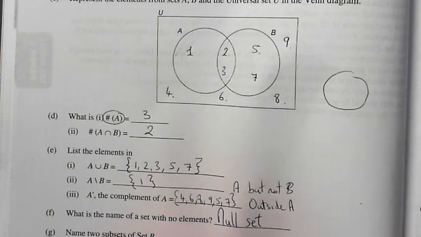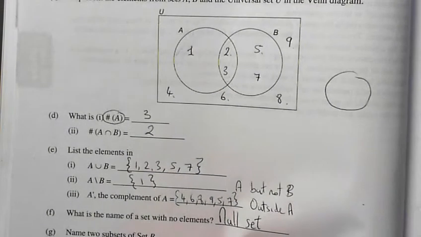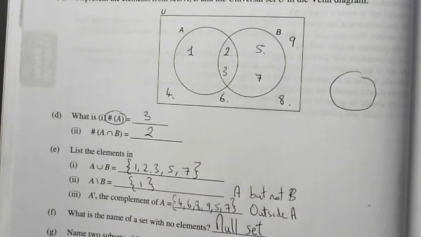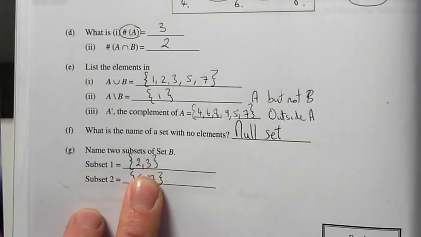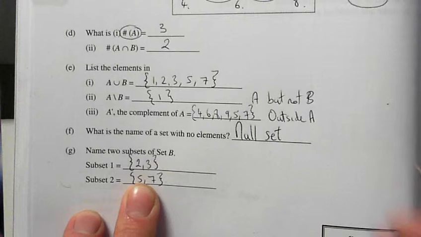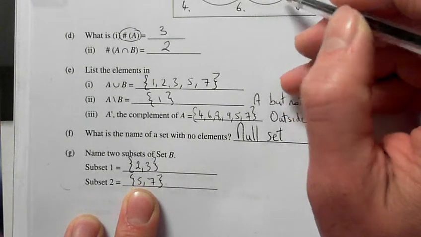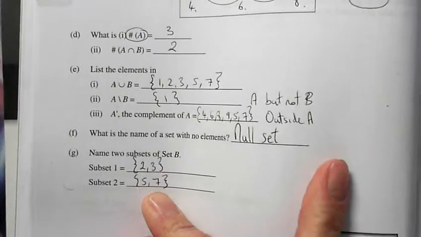Just name 2 elements inside B, and 5 and 7. So all you have to do is name two elements in B, 2 and 3. Name another couple of elements in B, 5 and 7. Alright?